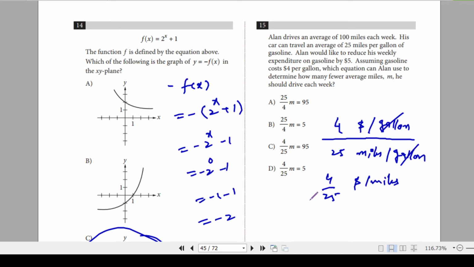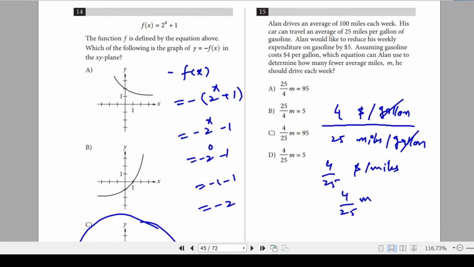So if I multiply this by m miles, because Alan will drive m fewer miles. This is the amount for 1 mile. So if I multiply it by m, this is the cost for m miles.